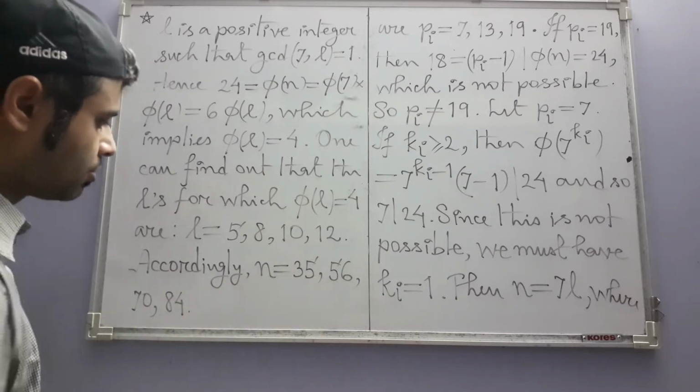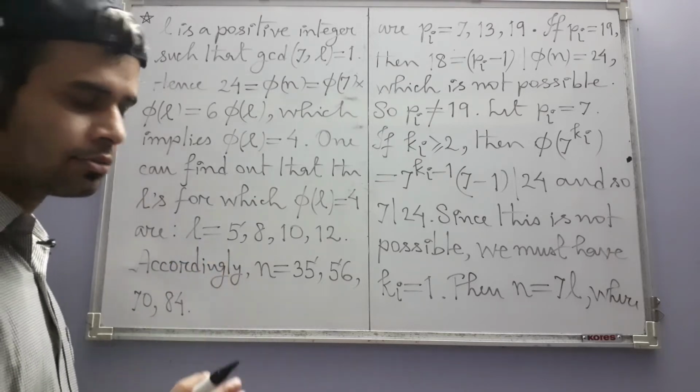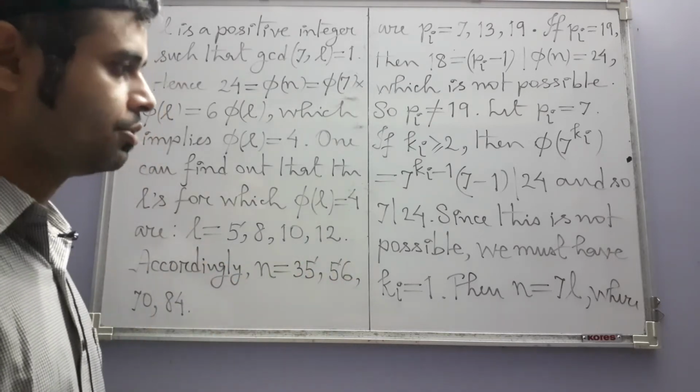So we have found 4 values of N for which the Euler phi function value, all of them, is going to be equal to 24.